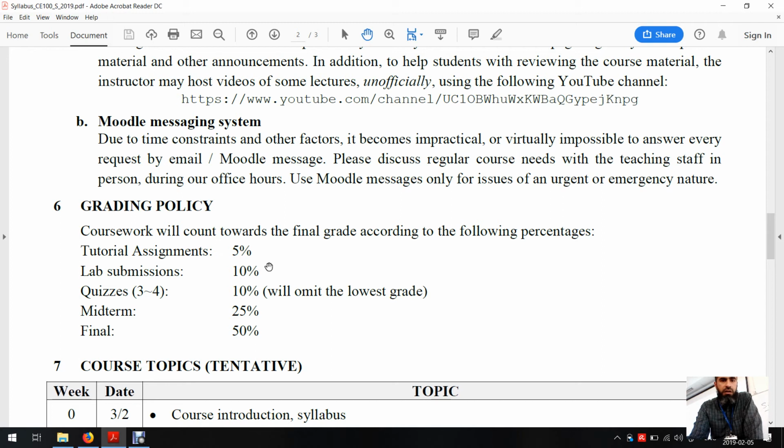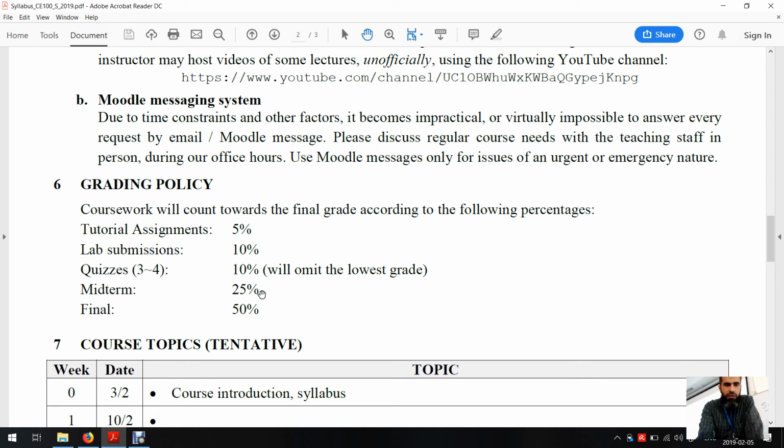Similarly here for the quizzes. Initially I said 3 to 4 quizzes, but when I look at the calendar, maybe we will only have time to do 3 quizzes, not 4, because at the end we have about 2 weeks of Ramadan. So for the quizzes, I will omit the lowest grade. What does that mean? I will not count the lowest grade. If we do 3 quizzes, I will count only the average of the 2 best. But please try to attend all 3 quizzes, even if you did well in the first 2.